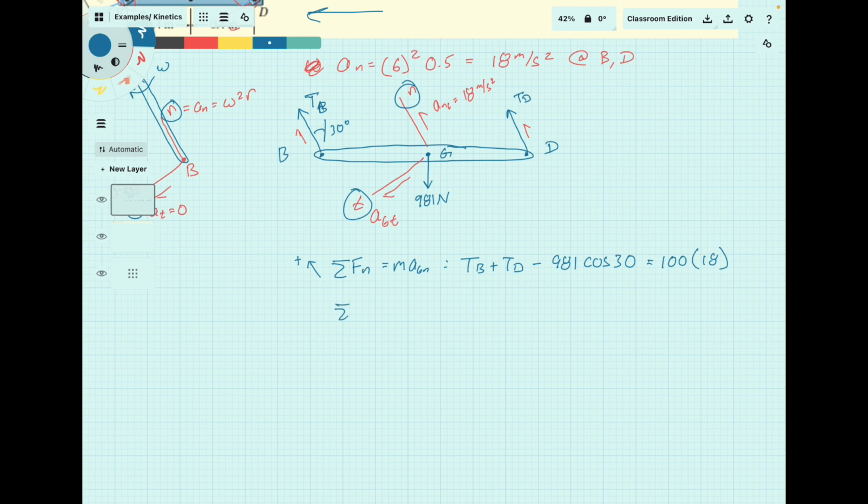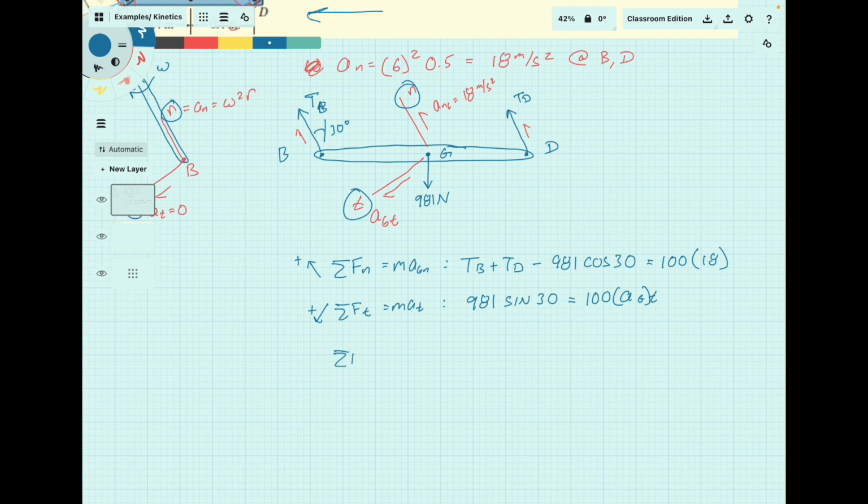In the tangential direction, all we have is the component of weight, 981 times sine 30. That's going to be equal to our mass times tangential acceleration at G. So you can see that the AGT term is definitely not going to be zero.